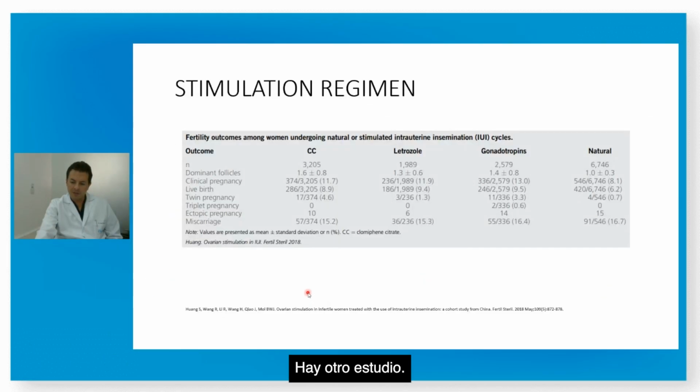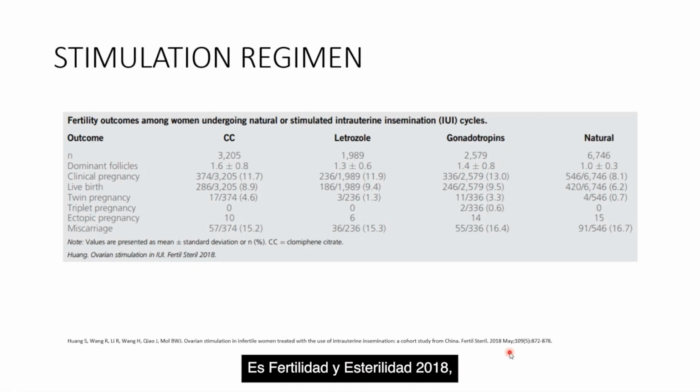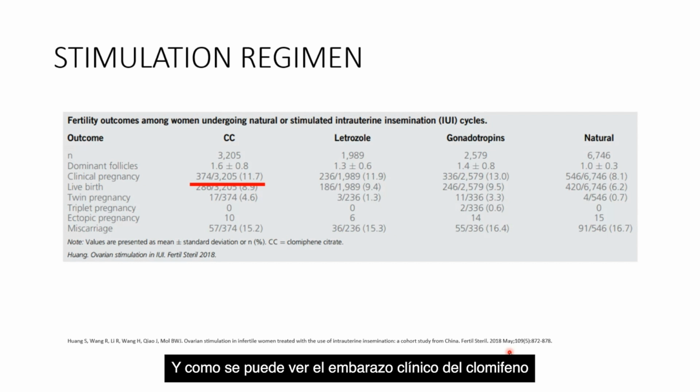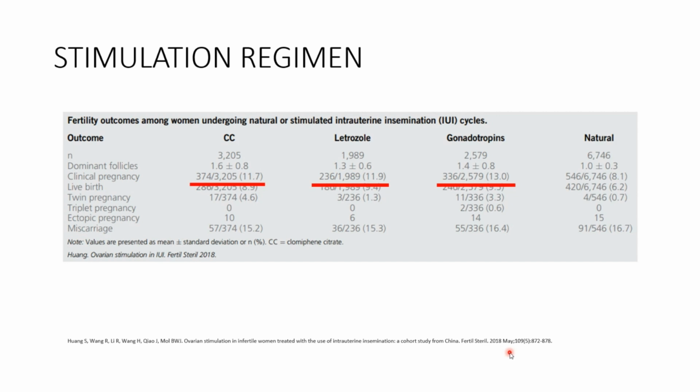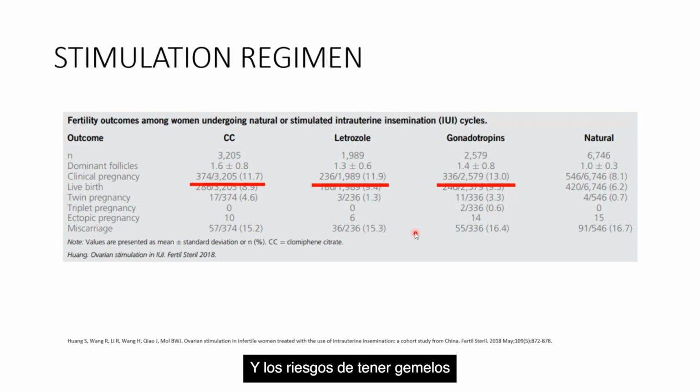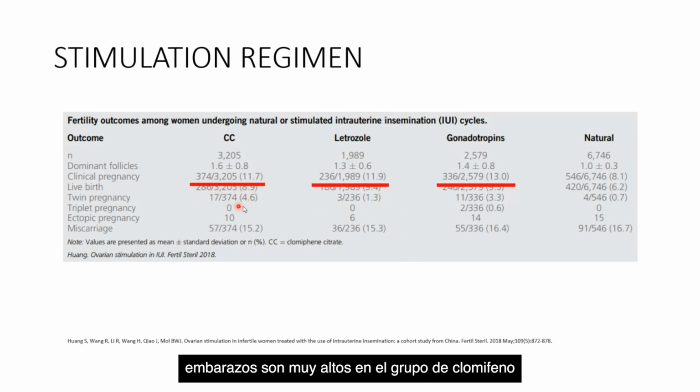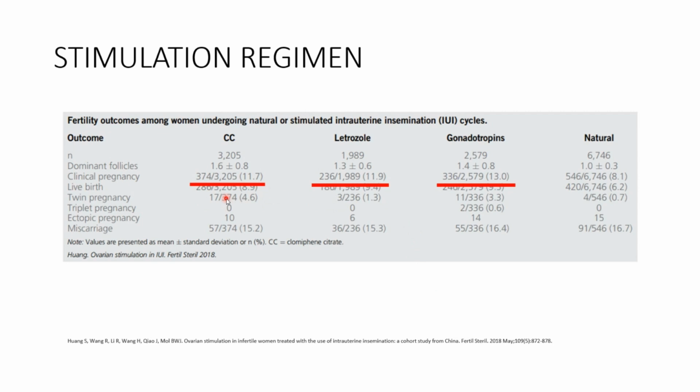There's another study. This one is from China, in Fertility and Sterility, 2018, where they compared three groups: clomiphene, letrozole, and gonadotropins. And as you can see, the clinical pregnancy rates of clomiphene and letrozole are similar, and it's higher with gonadotropins. The risk of twin pregnancies is very high in the clomiphene group, different from letrozole.